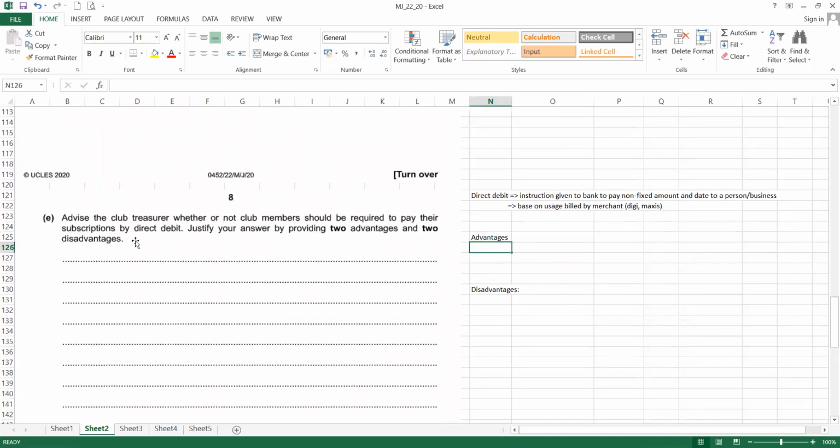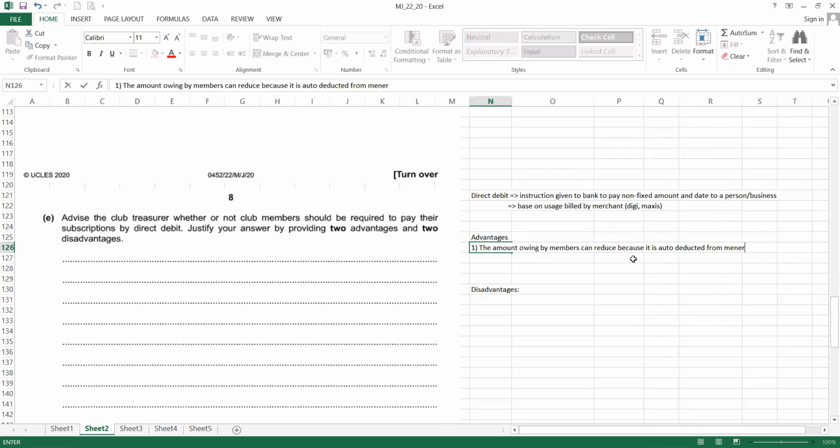If we are doing the direct debit, the first advantage is that the amount owing by members can be reduced, because it is automatically deducted from the member's bank account to the club.